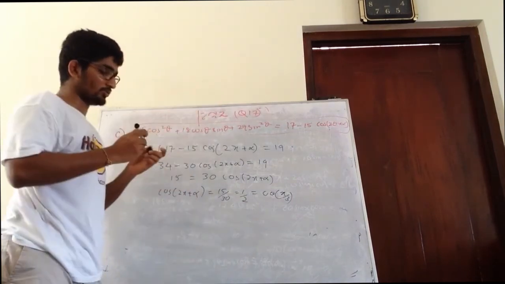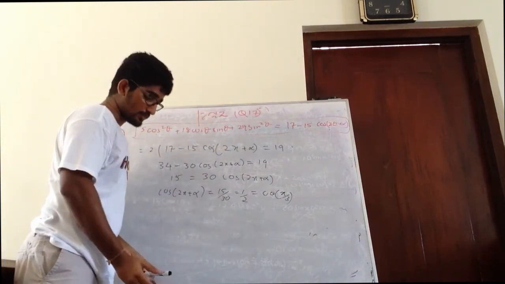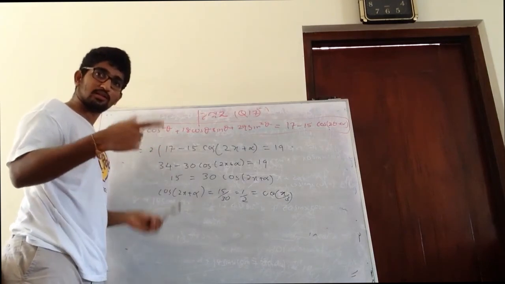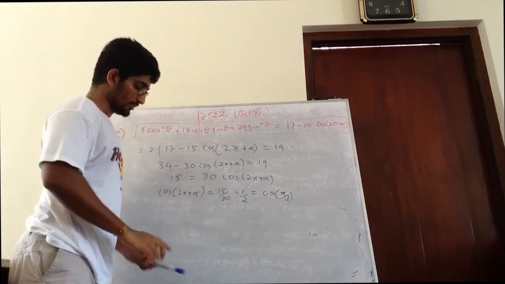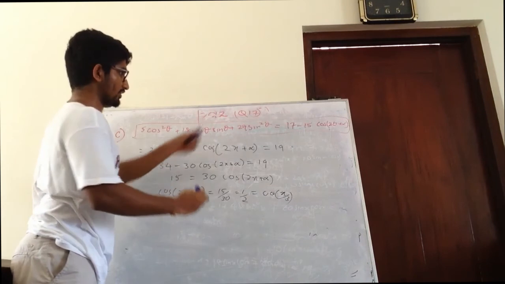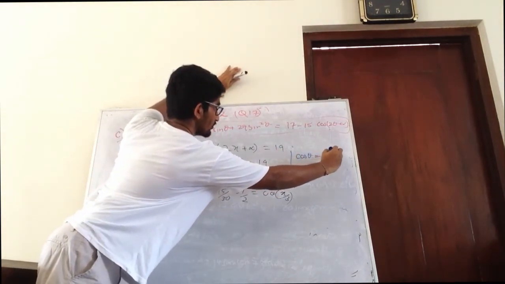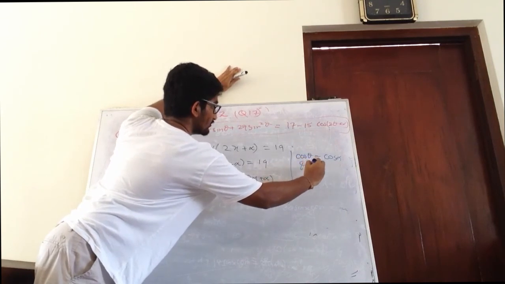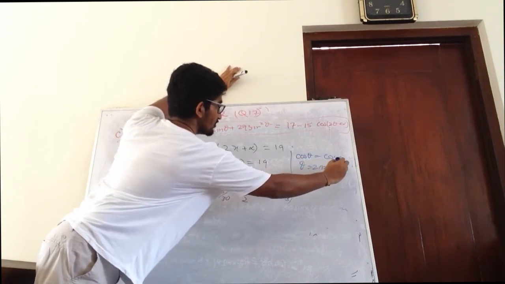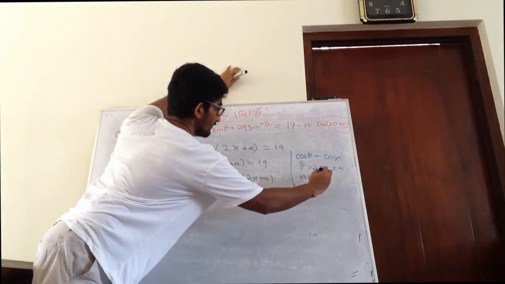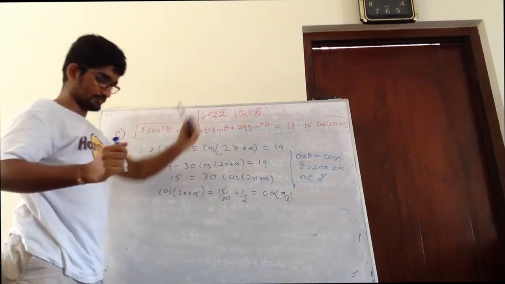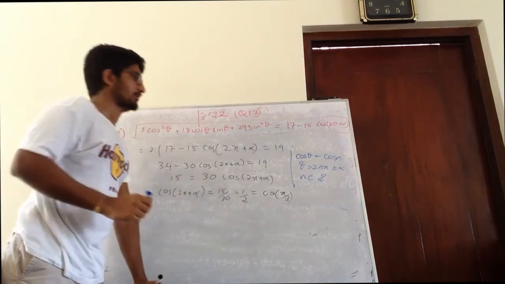So now you need to know about the general solution. The general solution for cos theta equal to cos alpha means theta will be 2n pi plus or minus alpha where n is an integer. Correct?